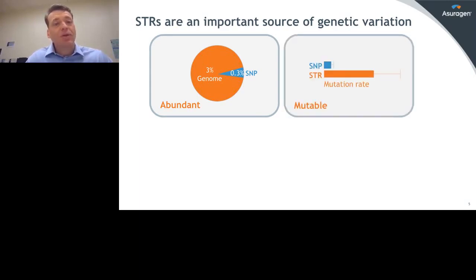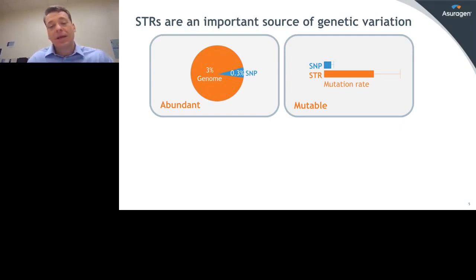For example, we know that there are at least 1 million STR elements in the genome. And just looking at the real estate that they occupy, they consume about 10 times the land mass of the genome compared to SNPs, and even twice that of our coding genome.